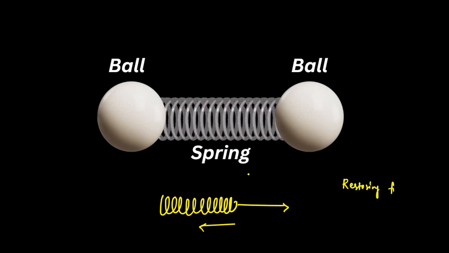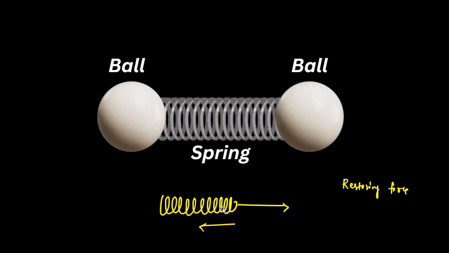The restoring force is always opposite to the externally applied force. We have discussed it in simple harmonic motion, so you can watch the concepts related to simple harmonic motion in the waves and oscillations playlist. The restoring force helps the spring return to its original equilibrium position, the mean position, after it is either stretched or compressed.